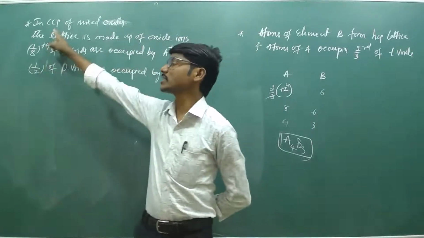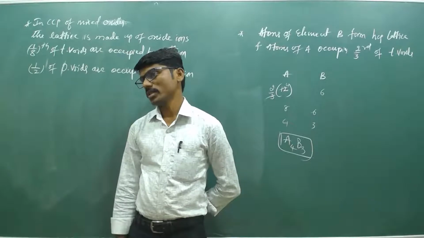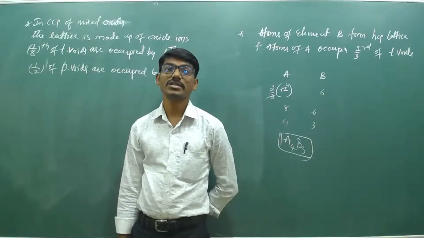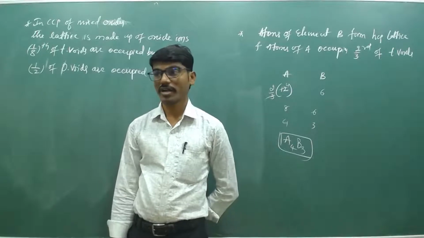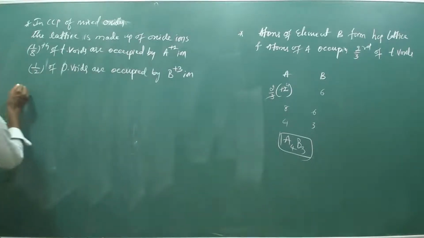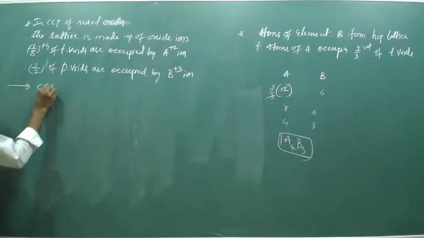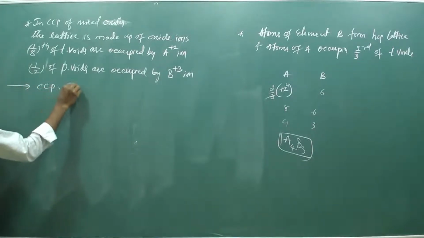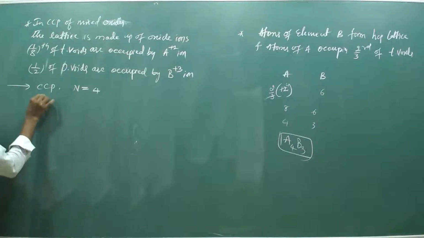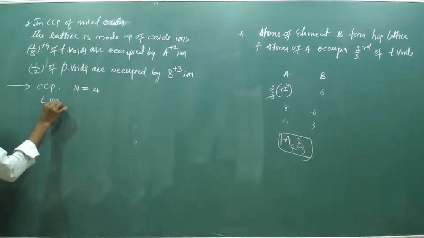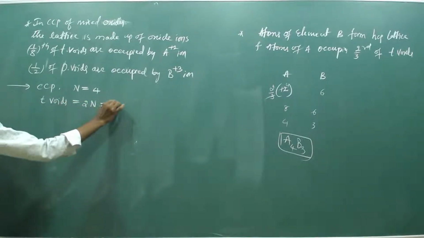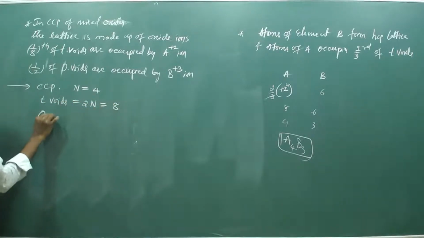It is a CCP structure. CCP means cubic close pack structure, FCC, and the number of atoms is 4. So here oxygen first: in CCP, number of atoms is equal to 4. Tetrahedral is equal to 2n, so therefore it is 8.